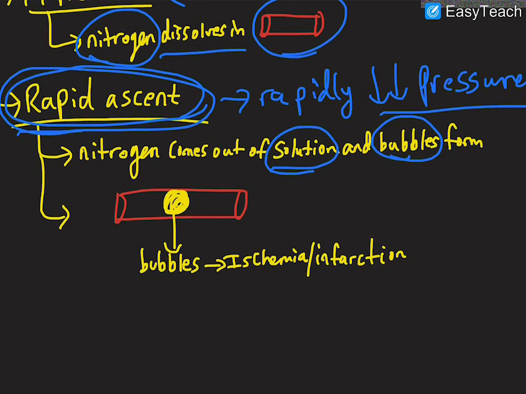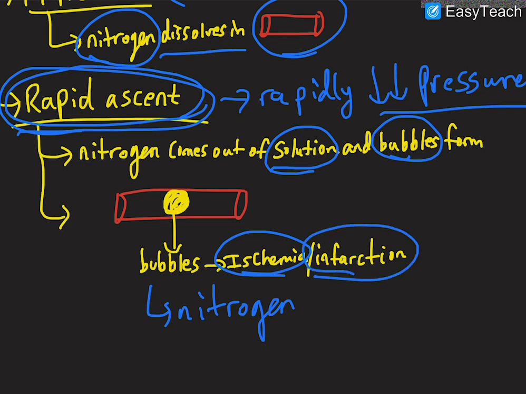That means that if bubbles form, these nitrogen bubbles can actually block off blood vessels. If they do, that can lead to ischemia, decreased blood flow to an organ, or even infarction if the bubble blocks off the entire blood vessel and you get no blood flow to that downstream organ.